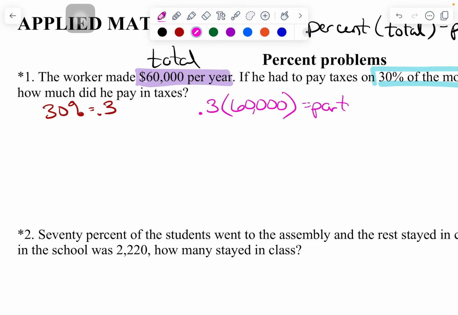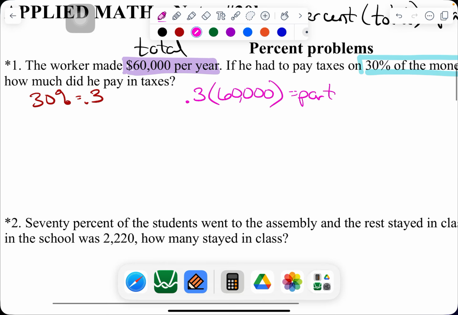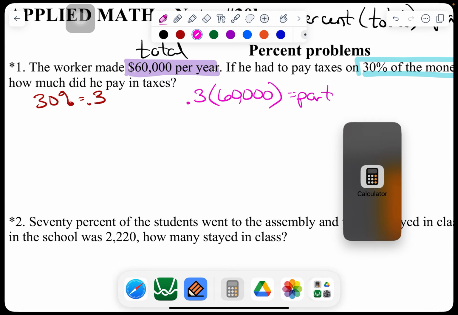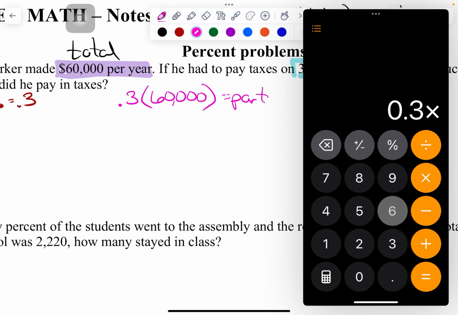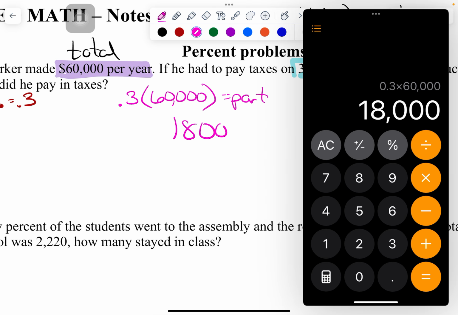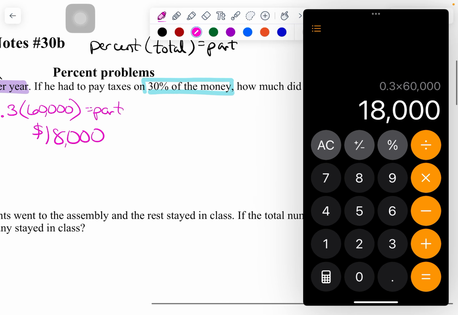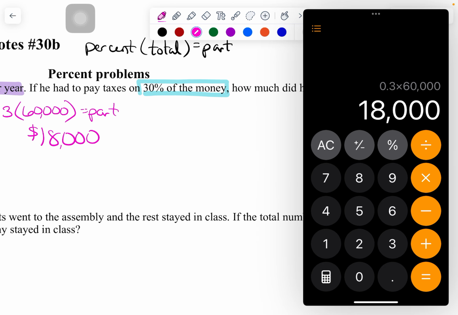Let me pop up a calculator on the side. 0.3 times 60,000 equals 18,000. So he had to pay taxes on 30%.